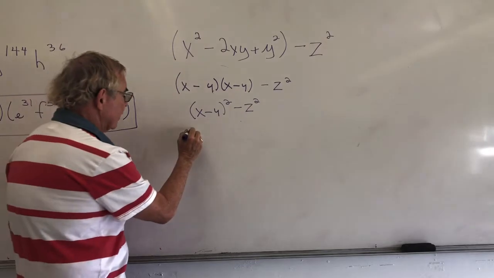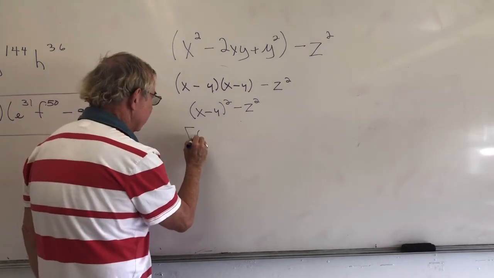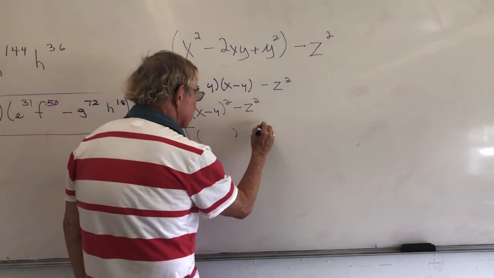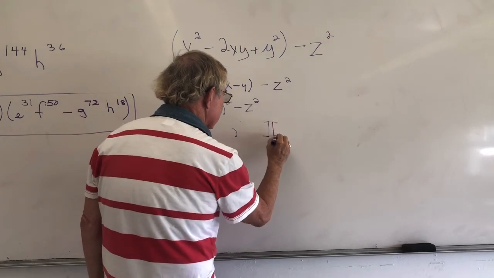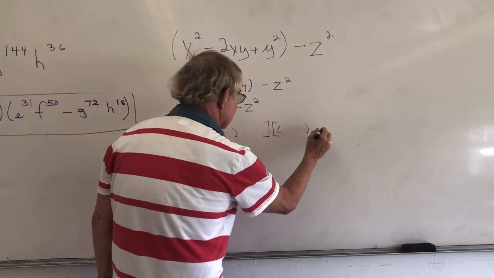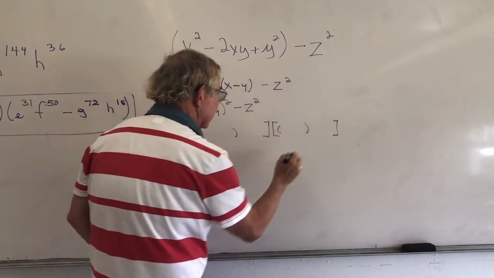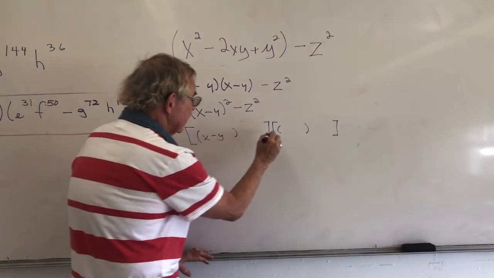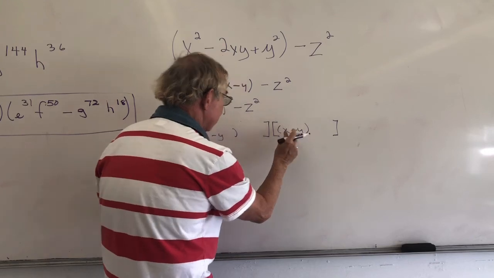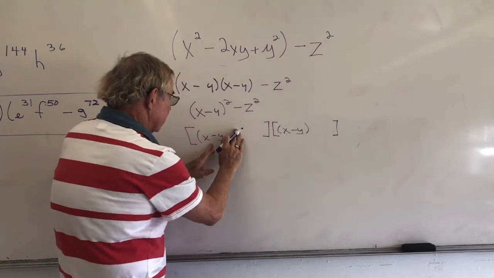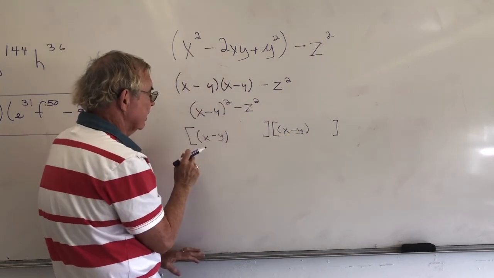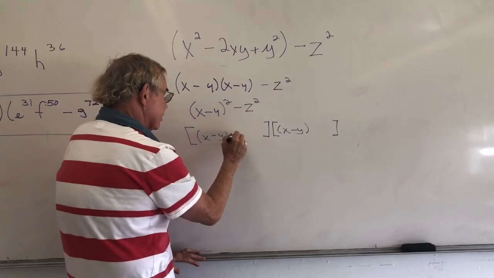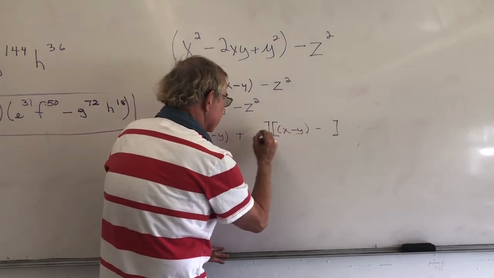So how do we factor a difference of squares? Now, initially, I'm going to use a bracket, which is used after a parenthesis, and I'm going to put x minus y and x minus y. Because if you multiply these two, you'll get the quantity squared. And there's your difference, one's plus and one's minus, z and z.